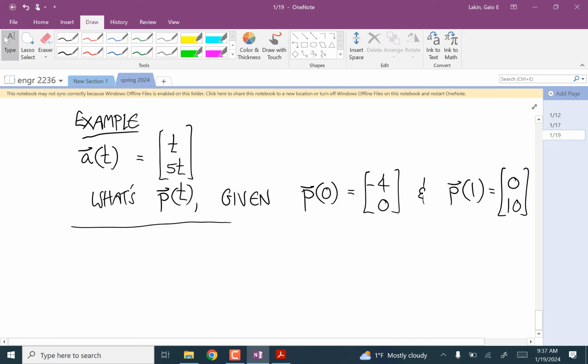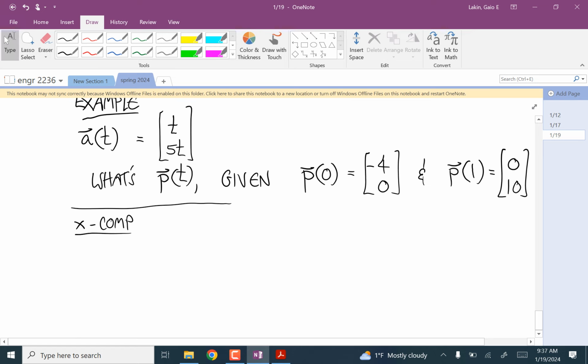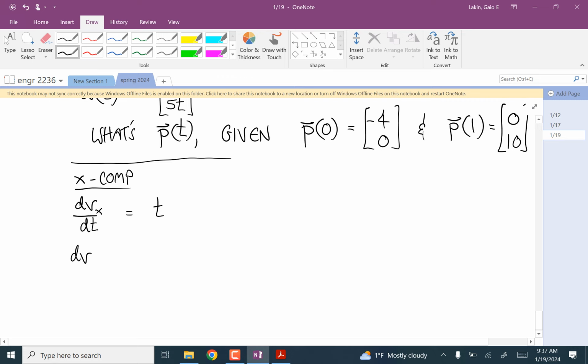Well, the first step is we can calculate, let me start with the x component. So I'll write it as d x component of velocity dt. That's the acceleration, and that's equal to t. So dvx is equal to t dt, and we can integrate both sides.